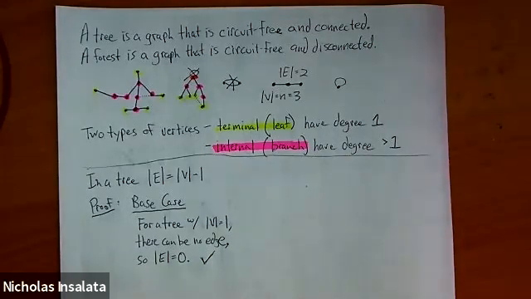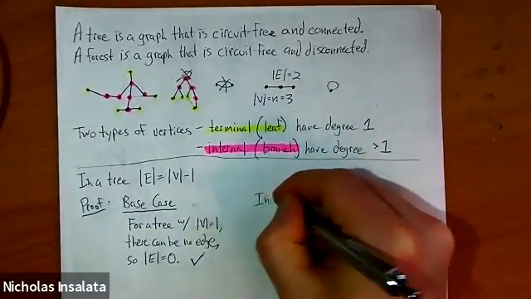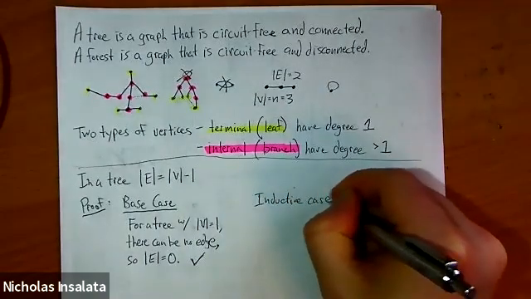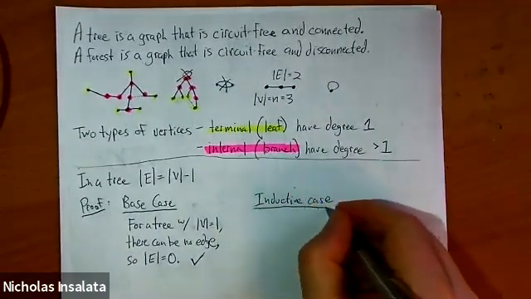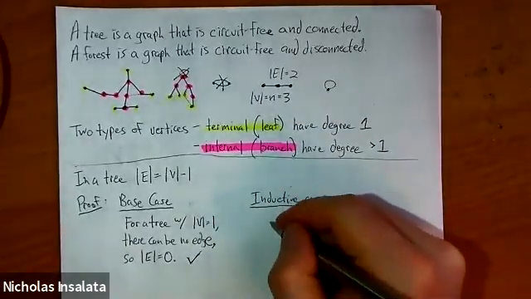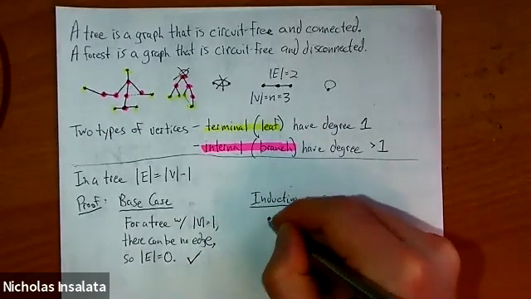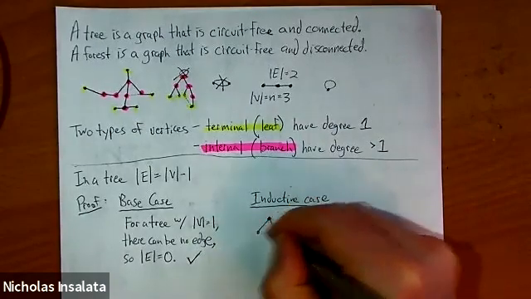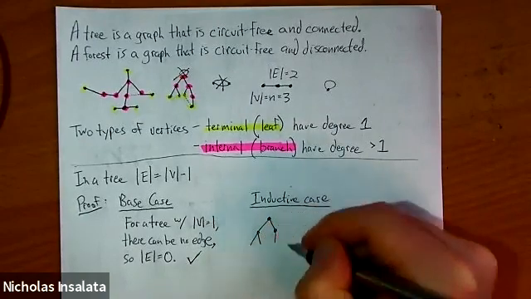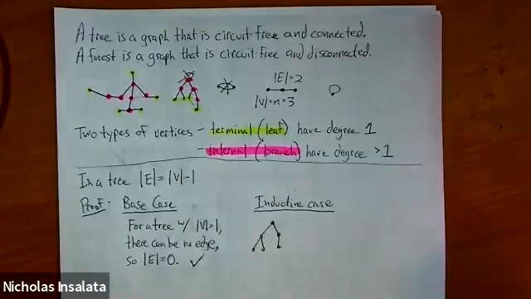Makes sense. Okay, great. So then let's try the inductive case. Let's say that we start with a tree. I'll make up a simple little tree here. Okay, so here's a tree. Could be any tree you want.